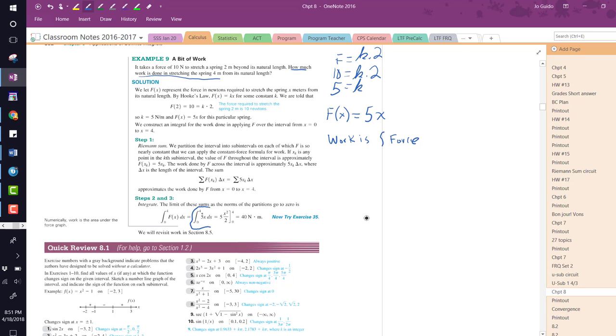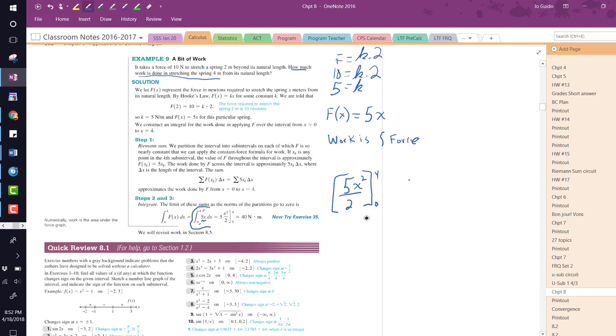We want it to stretch 4 units. So we're going to take the integral from 0 to 4 of that equation we just found, which was 5x. If we take the antiderivative of that, we get 5x squared over 2. And we want to evaluate it from 0 to 4, which is really simple math.